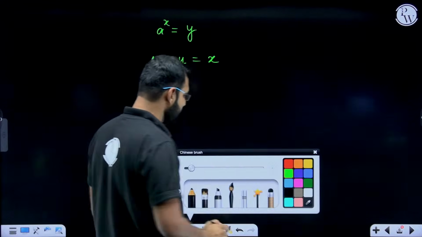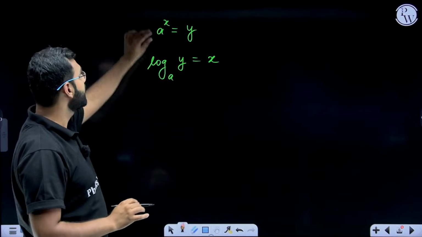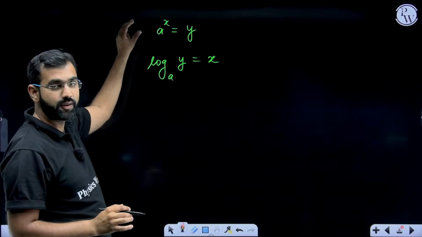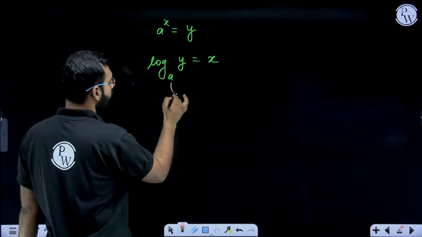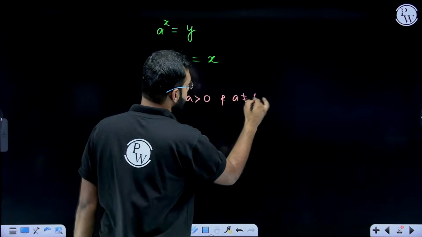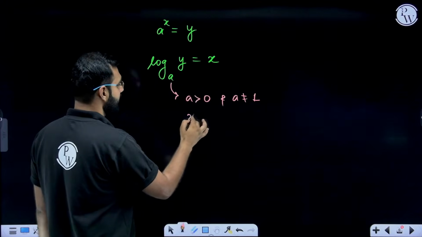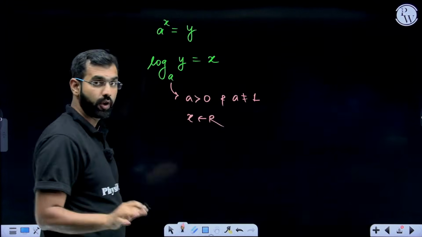I hope from there you do remember what we discussed. What did we discuss? Sir, a should be greater than 0 and it cannot be 1. So I hope you remember that a should be greater than 0 and it is never 1. Do you remember that? What did we discuss regarding x? Sir, x can be any real number. I hope you do remember that.